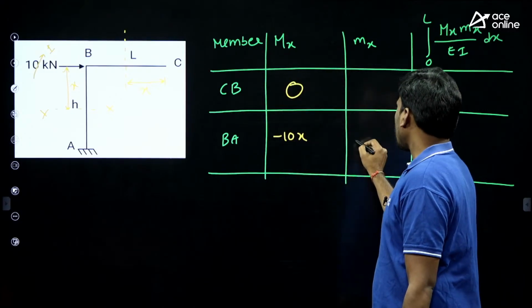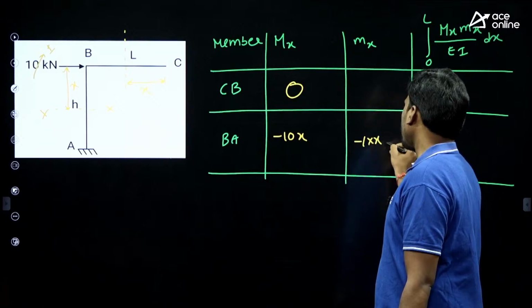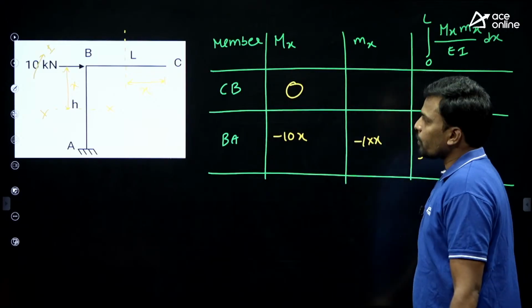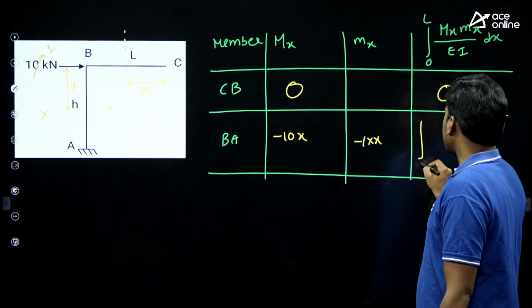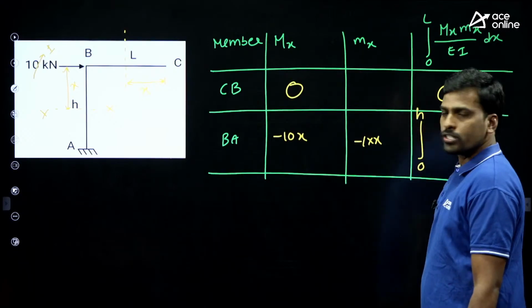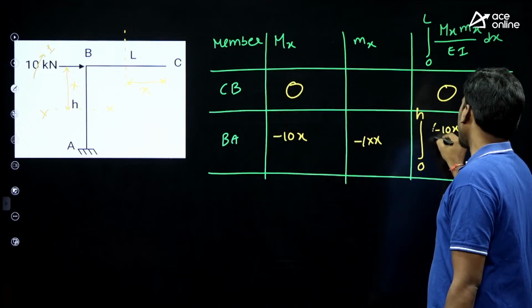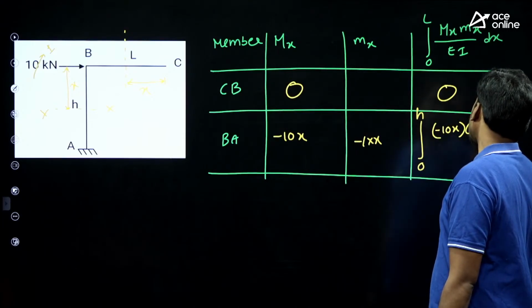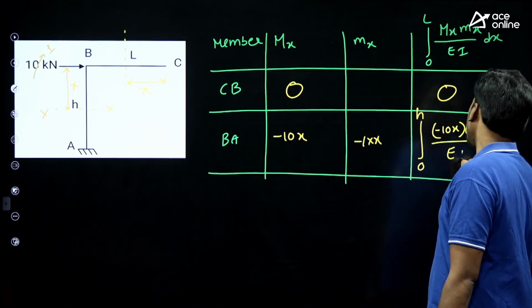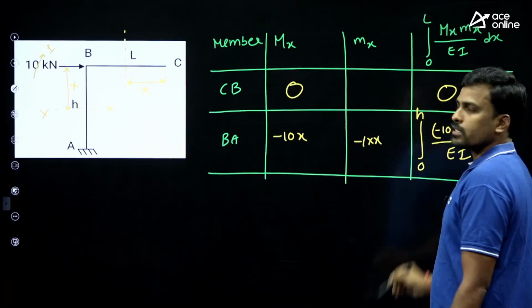Okay, it means here minus 1 into x. Then what is the length of member BA? H, right? Then 0 to h. Okay, capital Mx minus 10 into x, and here minus x by EI dx.